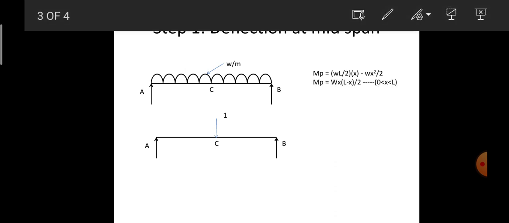Next, MP is further simplified. Taking W into X as a common factor, I get WX into (L minus X) divided by 2.